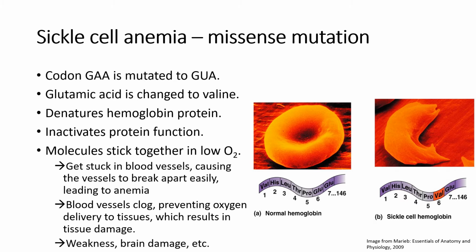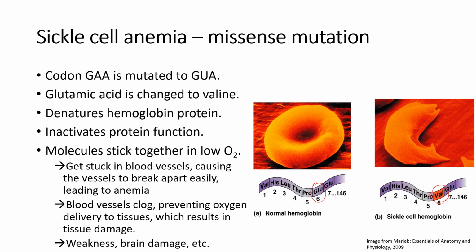Here we see an example of a missense mutation. In sickle cell anemia, there's a particular codon, GAA, in the mRNA that's mutated to GUA. And specifically at this 6th amino acid, glutamic acid is changed to valine.